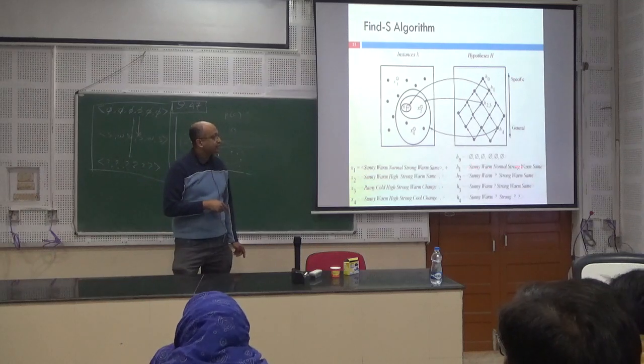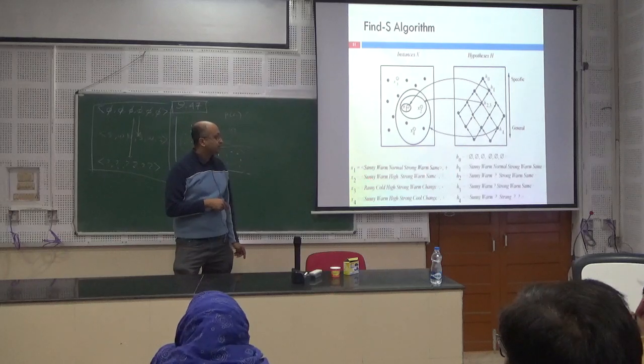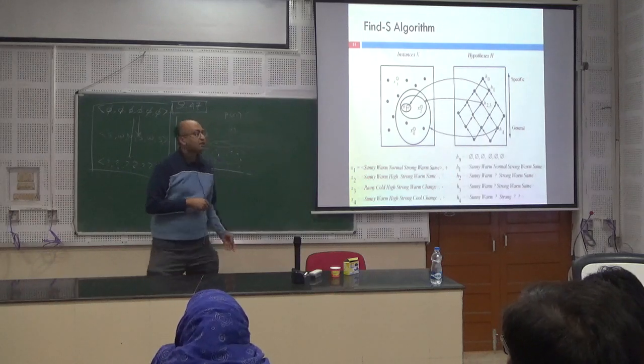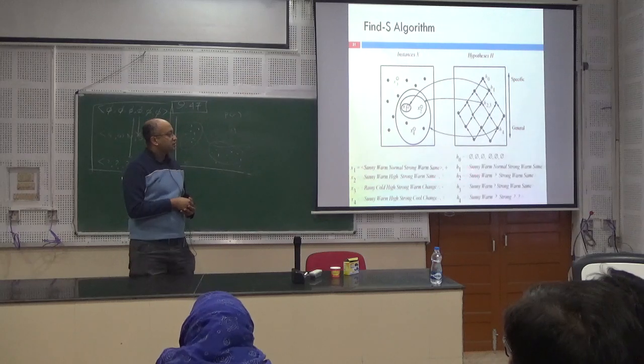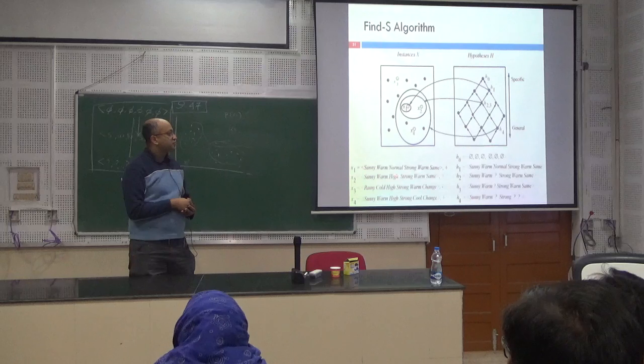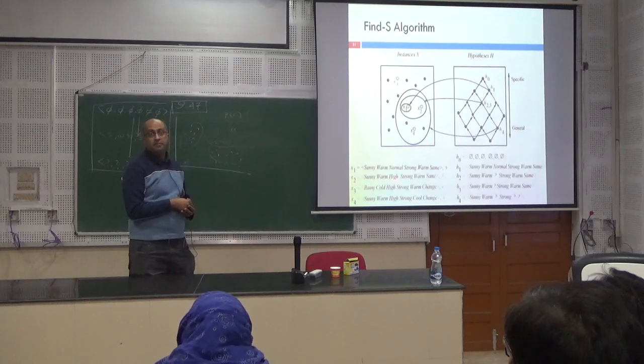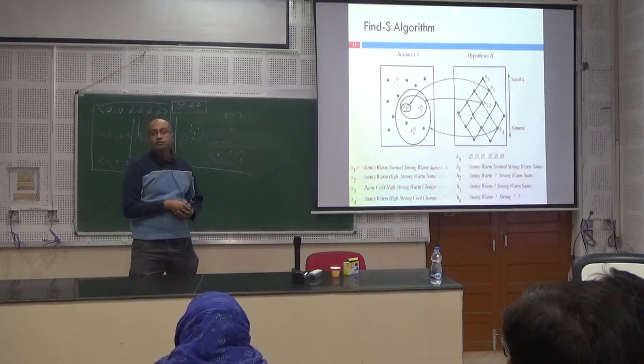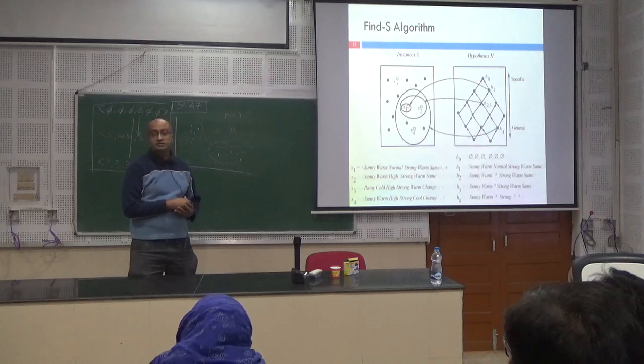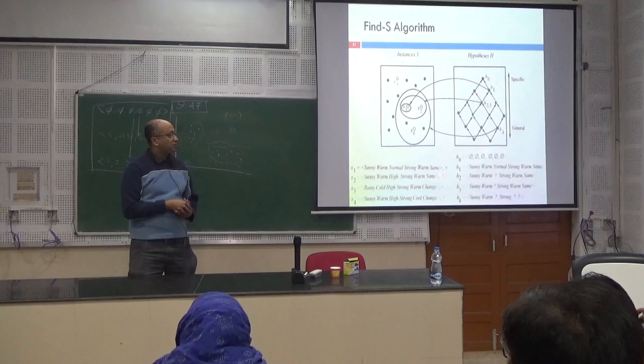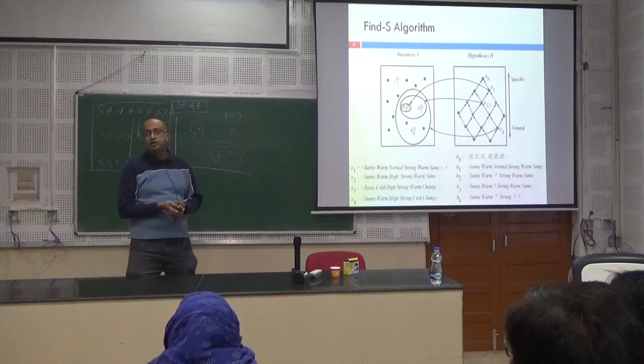I go to my current hypothesis and see if everything is accommodated in it. This one wants to be sunny, it's sunny. Warm, it's warm. But now the wind is high here, but this says wind should be normal. So this is not accommodated in this hypothesis, but this is a positive sample, so I want it to be accommodated.